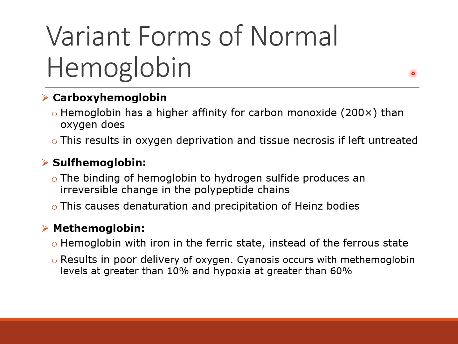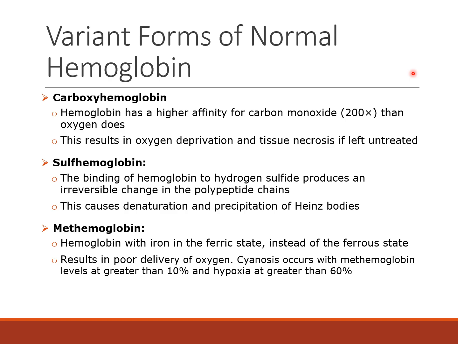Methemoglobin is hemoglobin with iron in the ferric state. Remember that 3+ state is no good. We want the ferrous state, which is a 2+ cation. So we've got a problem when we are in the ferric state, because methemoglobin results in poor delivery of oxygen and cyanosis, which means someone may turn kind of blue.